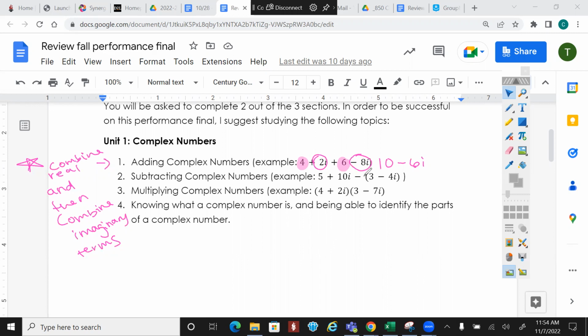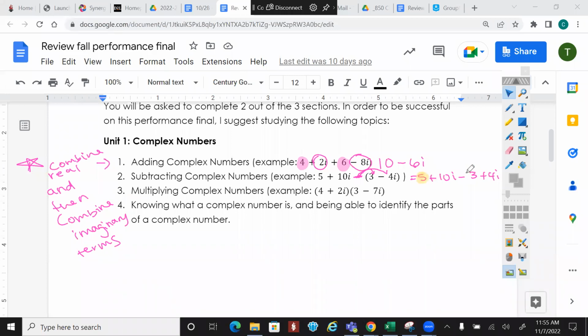Okay, fantastic. So now the next one's subtracting. We see there's a negative right here. We're going to distribute this, and that's going to give us 5 plus 10i minus 3 plus 4i. And then we're going to do this exact same thing that we did in number 1. We're going to combine our like terms.